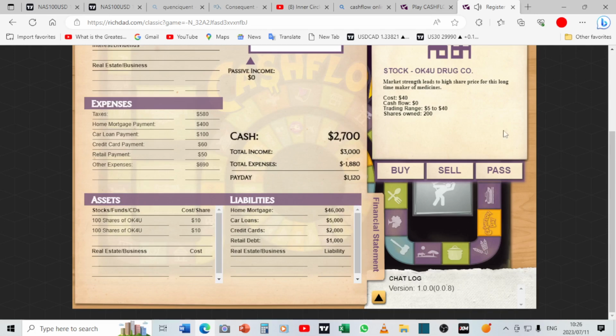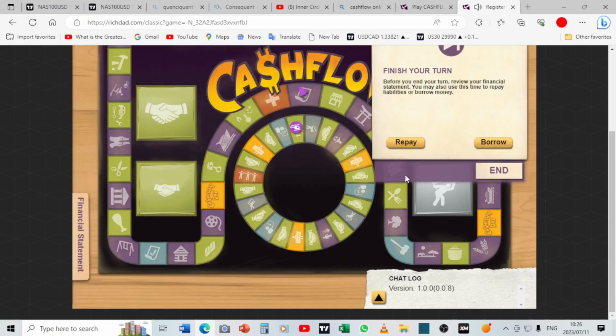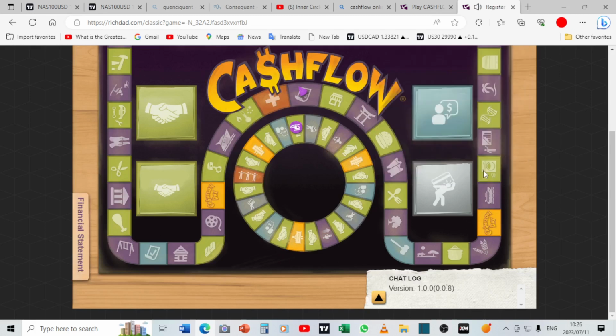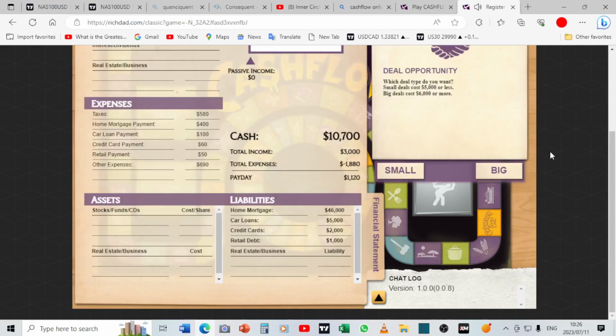It's $40, you see? Let me sell all of them, 200 of them. Then I made 4 times 1 is 24. Oh, 200, I own 200. I forgot. You see, 8,000. How much did I use? 8,000. This is what life brings us. After realizing that, I can go for big deals now. Starting from 5,000, right?